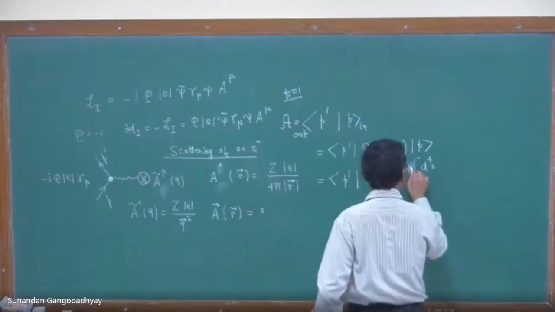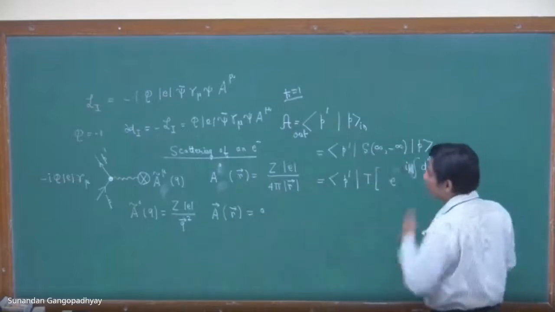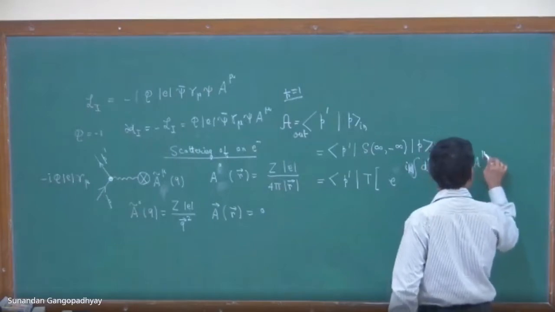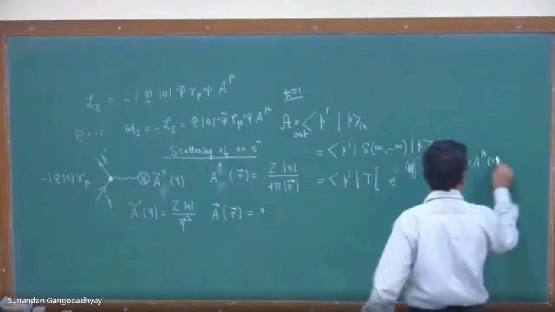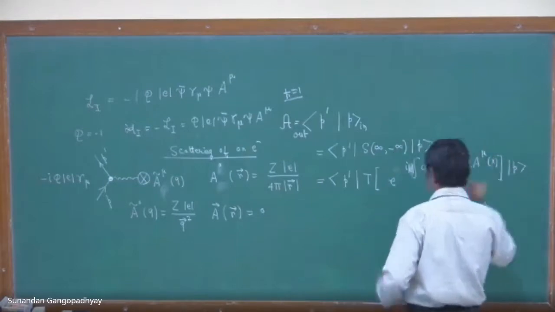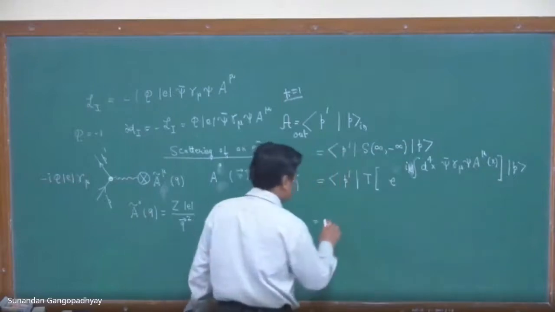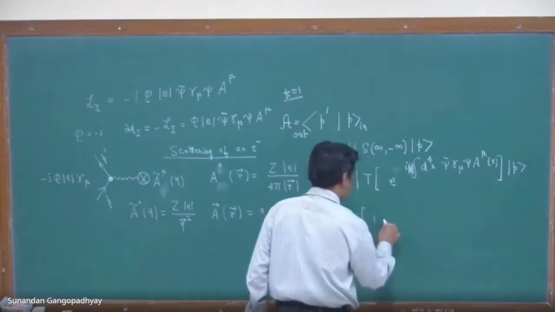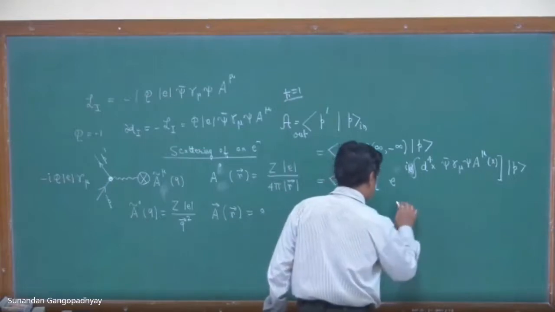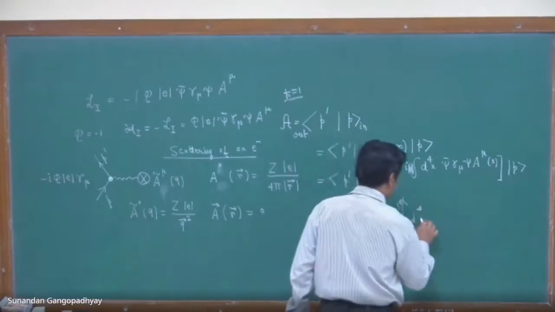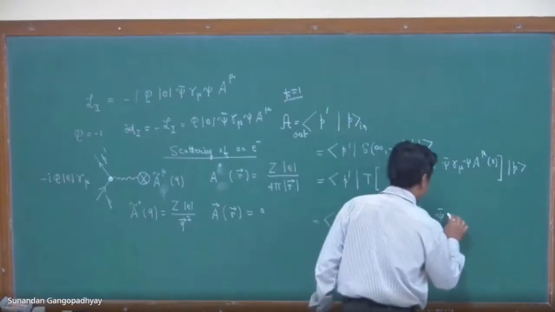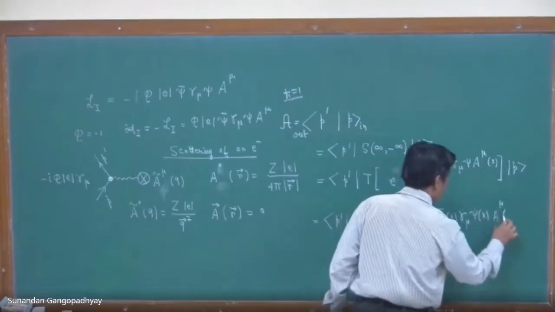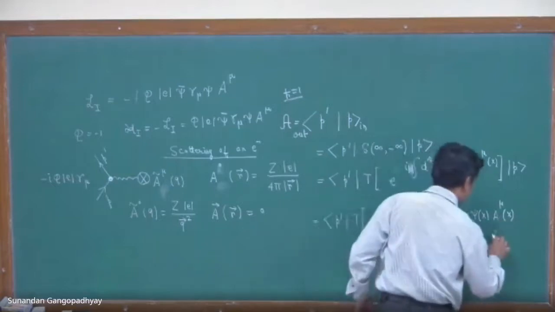This will be plus the body, and then psi bar and Q. We can write this as the time ordered product, plus dots.